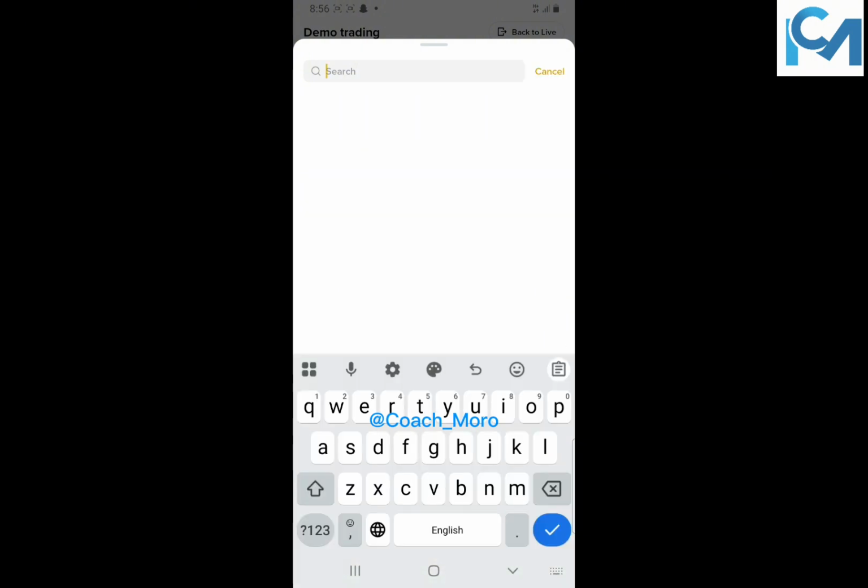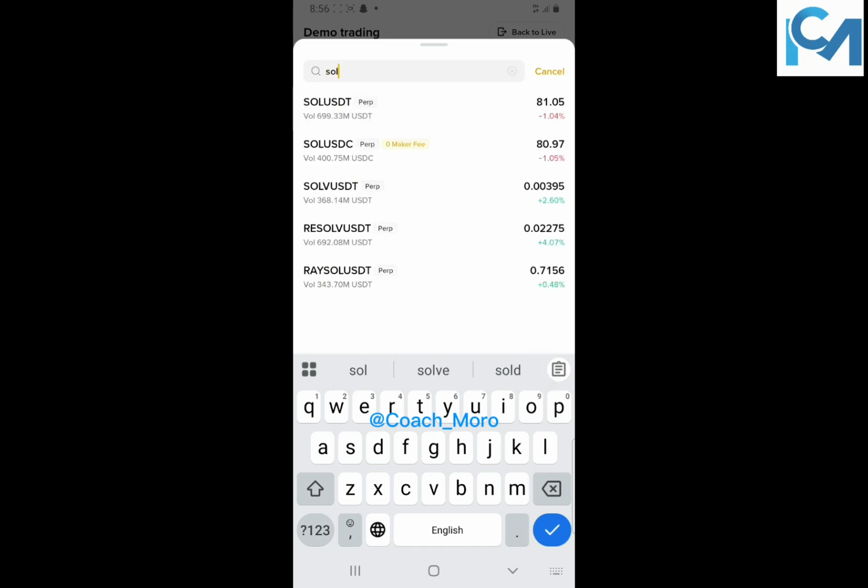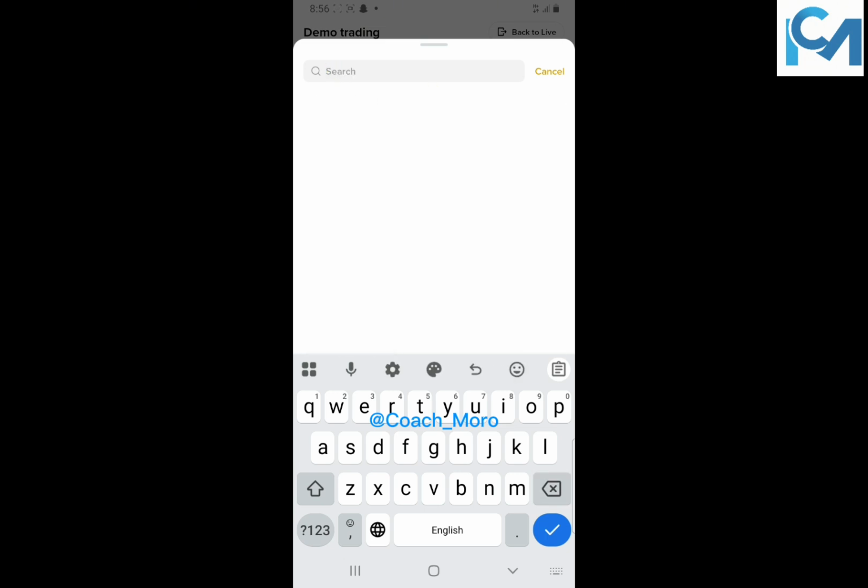Right now I want to trade with BTC, which is Bitcoin, but let me test Solana. SOL for Solana, ETH for Ethereum, BTC for Bitcoin, XRP for Ripple and so on. Right now let me go for BTC.